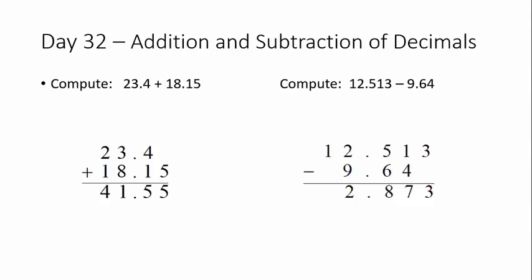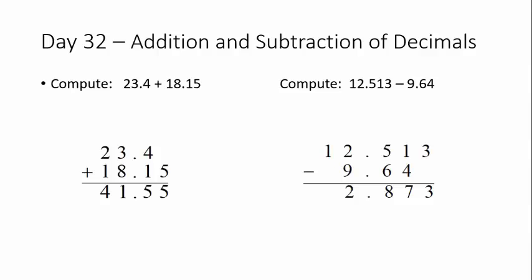With subtraction, we do the same thing. We take care to line up the place values. I have 12 513/1000ths minus 9 64/100ths. And again, the decimal points line up. I subtract normally, and again, the decimal point falls into place below the other decimal.